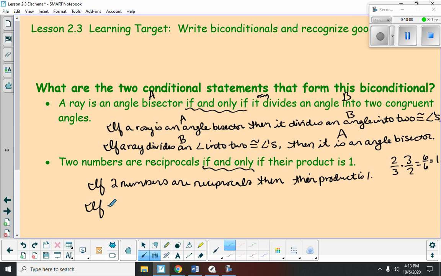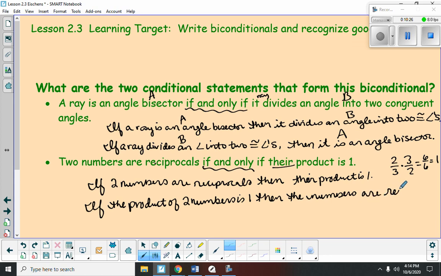If the product of two numbers is 1, because they're talking about those two numbers, then the two numbers are reciprocals. Okay, so that's how you do that.